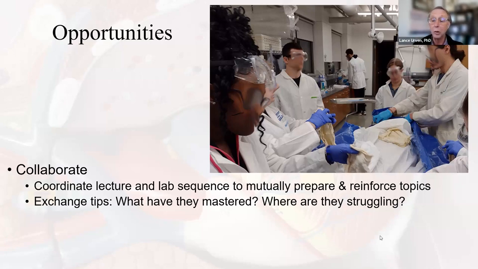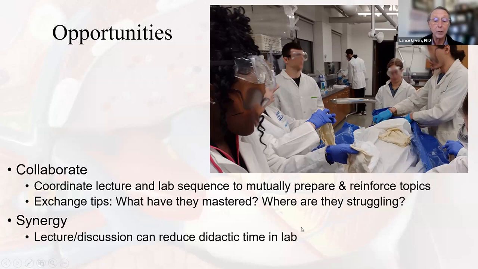So that too will make the course go better and help the students meet their goals. Now, we are teaching in two different ways typically. I think most of us do have a lab class and a lecture class that are both taught. And you want to take advantage of those different learning modalities. Lecture and discussion.